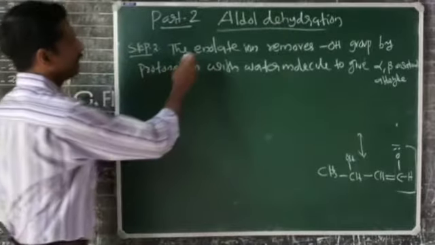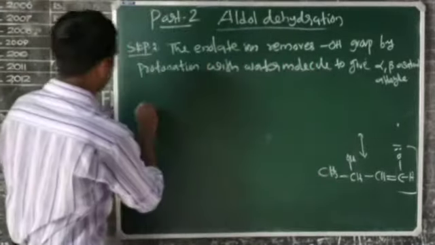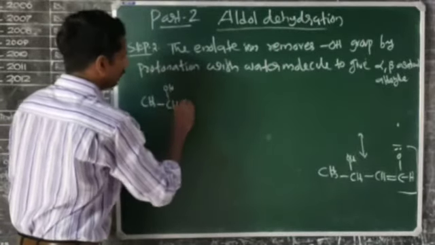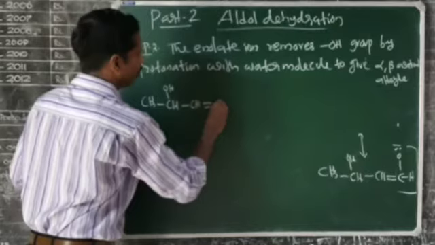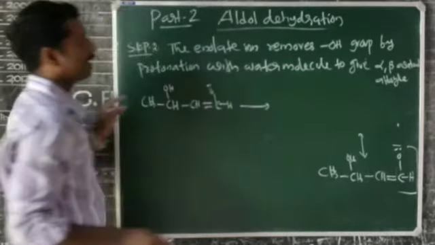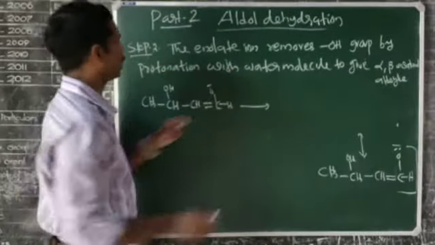The enolate ion removes the OH group. So I am taking this enolate ion: CH3, CH, OH, single bond CH, double bond C=O minus, H. The enolate ion removes OH group by protonation with water molecule.